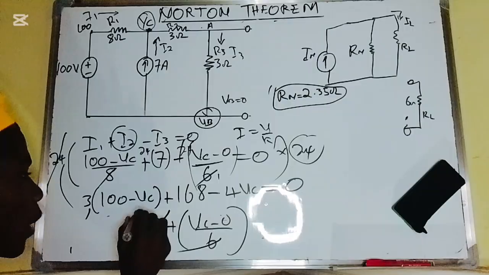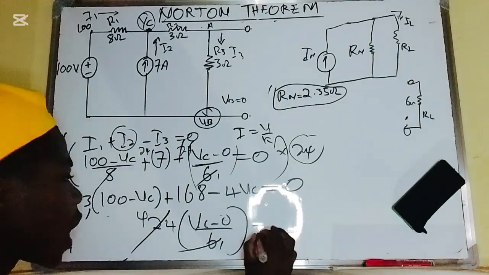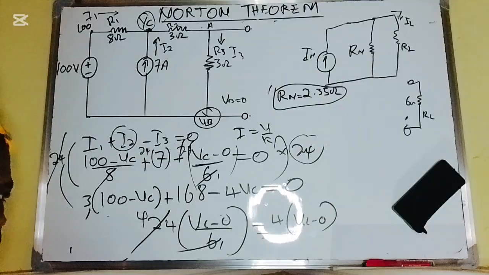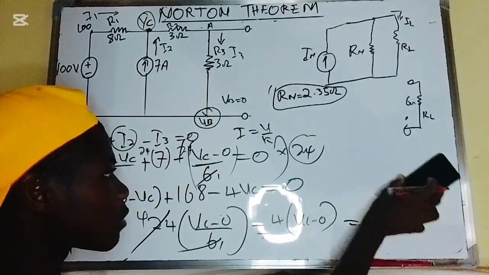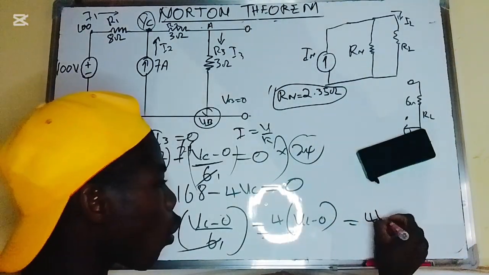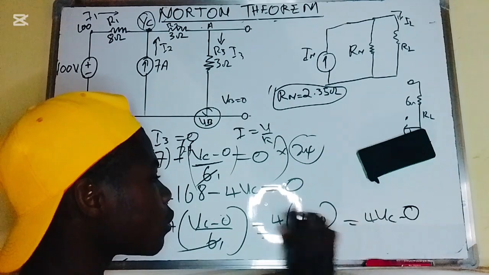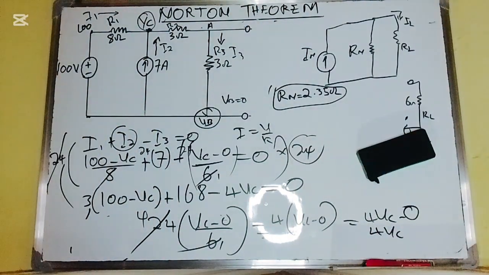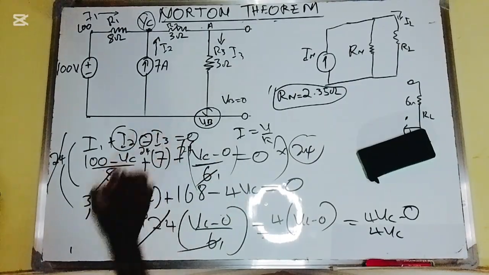If 6 can go here, I'll get 4, and this I'll get 1. So this will be equal to 4 into VC minus 0. If I distribute this bracket, I get 4VC minus 0, which is the same thing as 4VC. And don't forget I have my negative sign here.